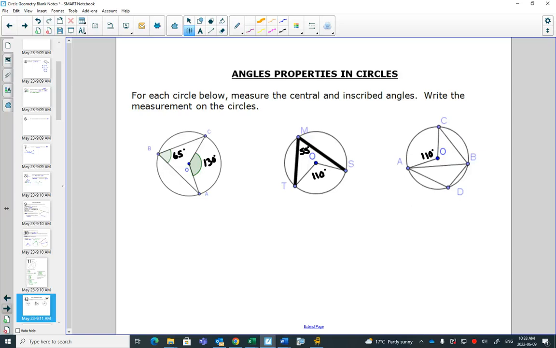And I measured this one, and it happened to be 55. I measured this one. Here, this one is 45.